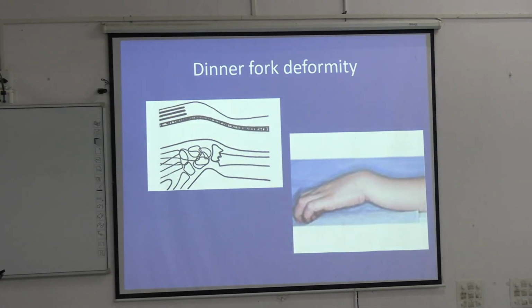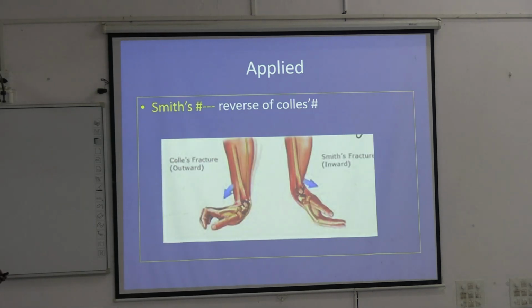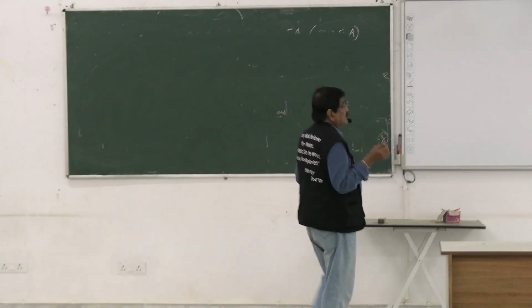Now, dinner fork deformity, this is the condition. Here is the fork and see this thing. Now, Smith's fracture is the reverse of Colles fracture: Colles is outward and Smith's is inward. Now, Smith's fracture you have to reduce. At least you give a support and send it. It can be reduced, but it needs anesthesia.